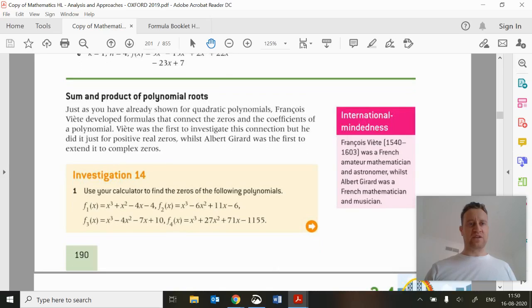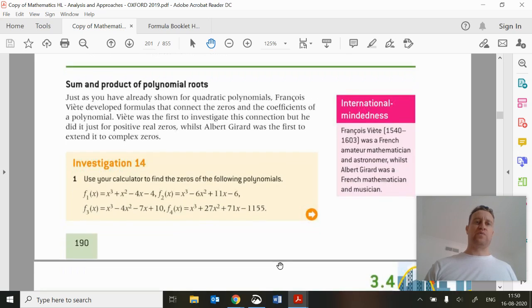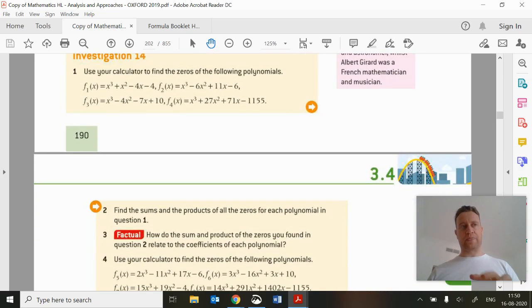So we have the sum and product of polynomial roots. If our roots are x1 and x2 for a quadratic, if they give us zeros, then there are conditions for the sum and the product of those roots, so x1 times x2 and x1 plus x2.